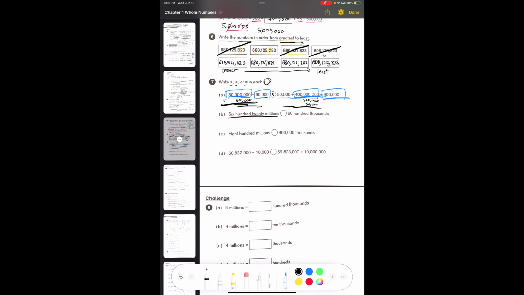620 millions, and 600,000. So what we're going to do is we're going to look at the places.